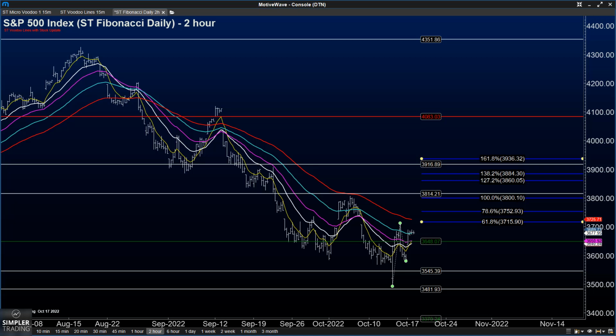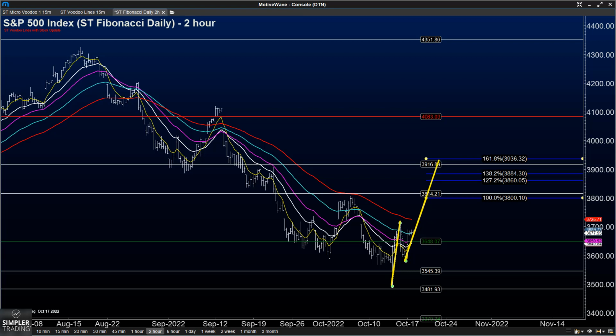And what we'll see is that we'll have equal legs to the upside at 3,800, right? And that is reasonably consistent with what counter trend moves look like. They're roughly, generally equal legs up.